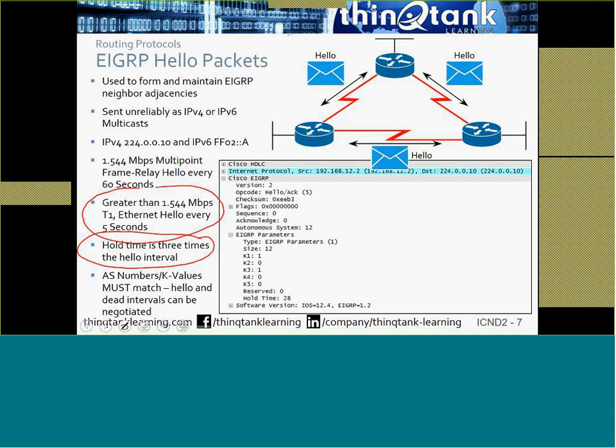I delete that neighbor from my database, and anything that I'm learning from that neighbor also gets removed from the topology table. Right? Because if the neighbor's not there, then whatever the neighbor told me about shouldn't be in my database. Successors, feasible successors, everything else, which could affect everything, right?